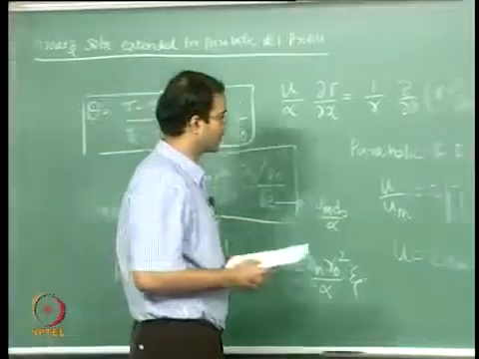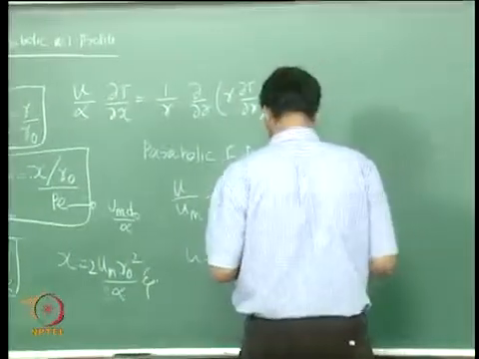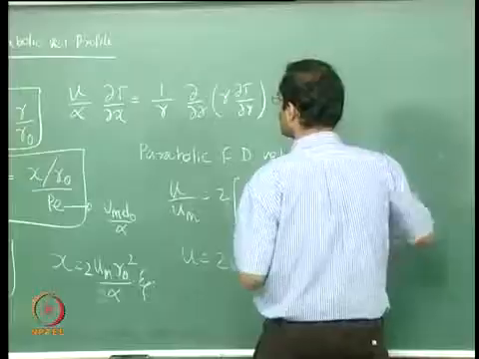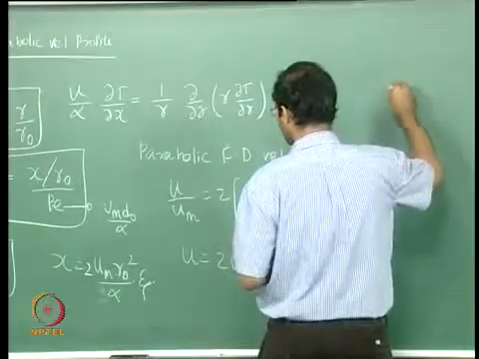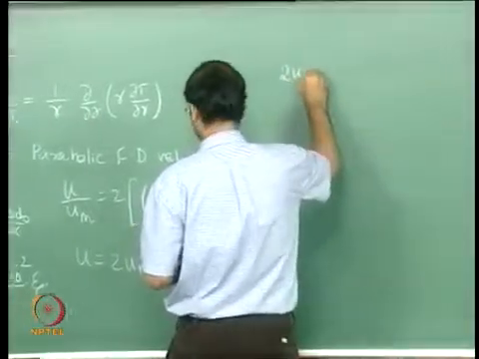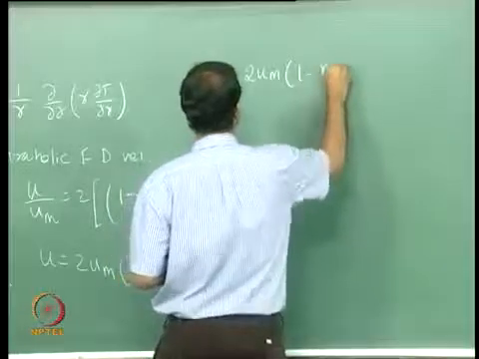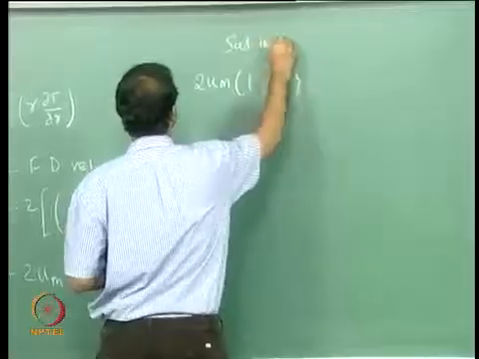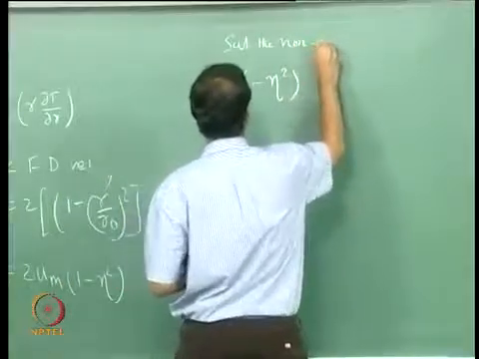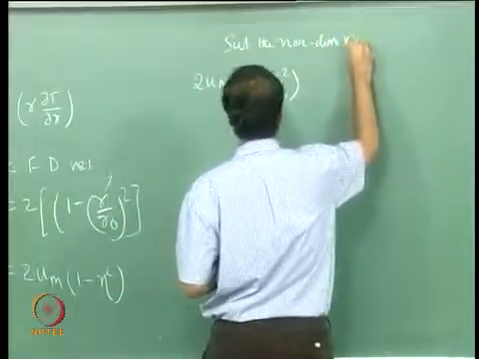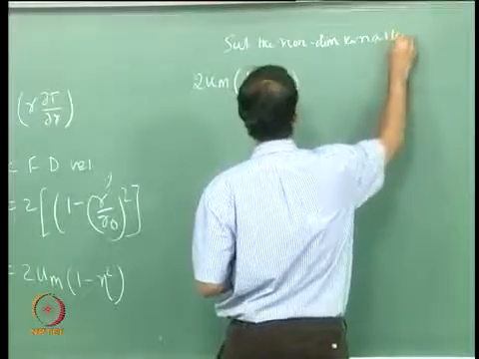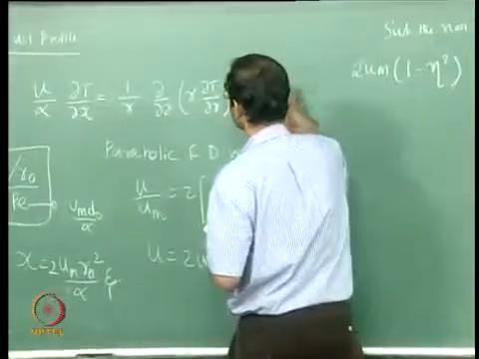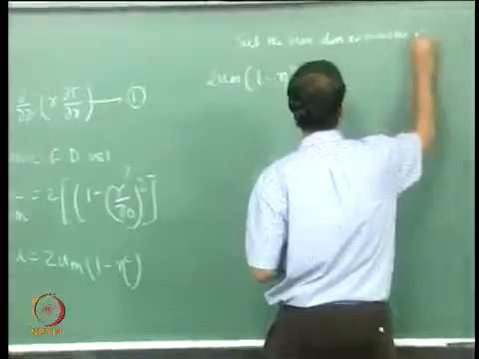If you do that, you will end up with, for u, already 2 into 1 minus eta square, if you substitute the non-dimensional variables. Let me call this equation number 1, the energy equation.